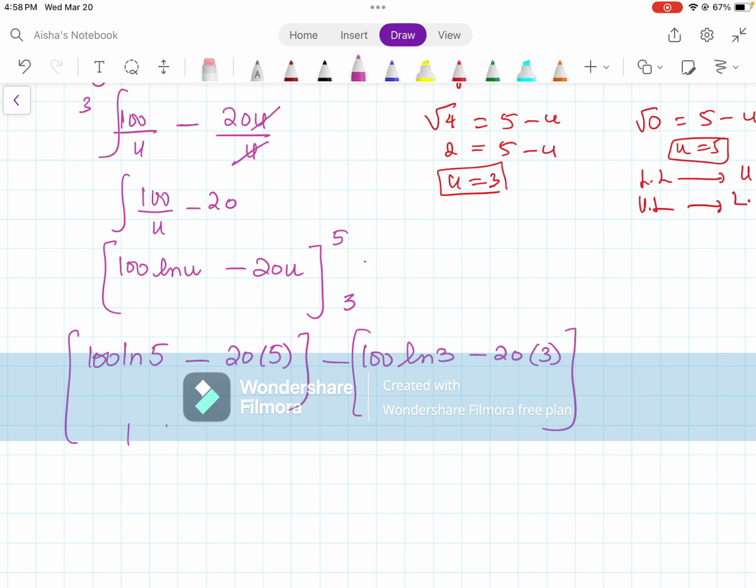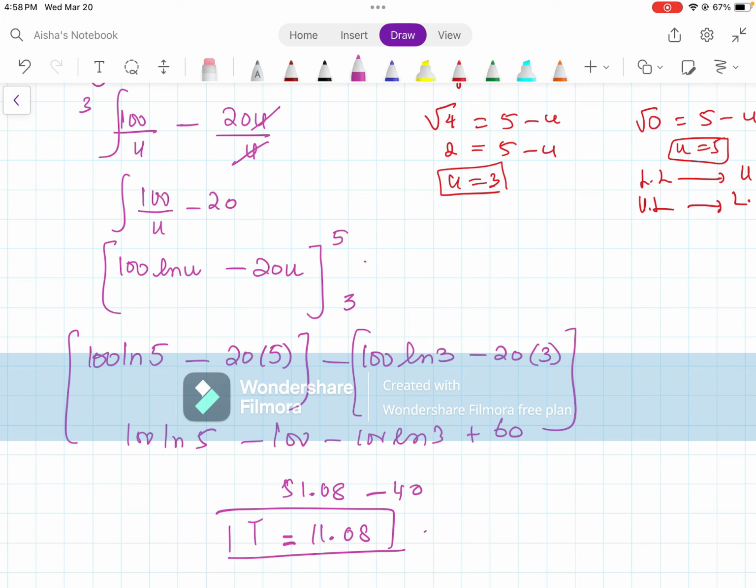So 100 ln 5 minus 100 minus 100 ln 3 plus 60, which gives .08. That is the time taken, so that's going to be my answer.